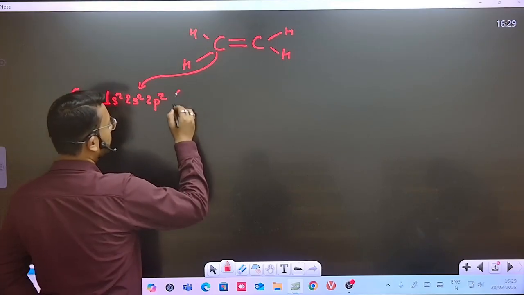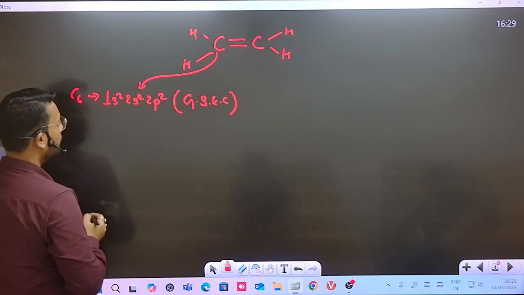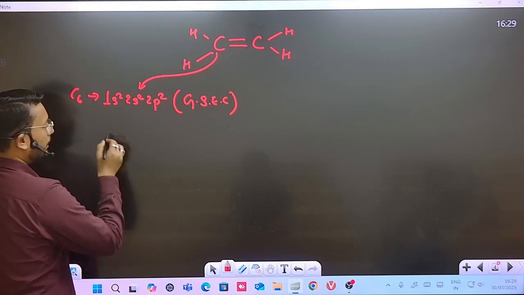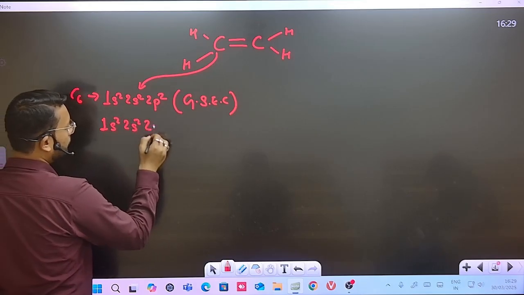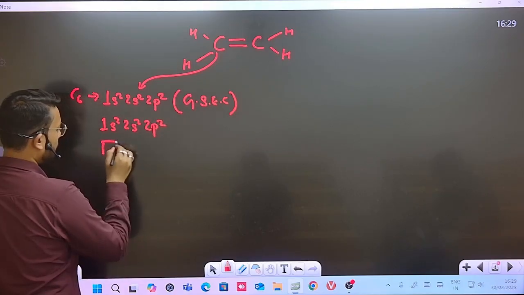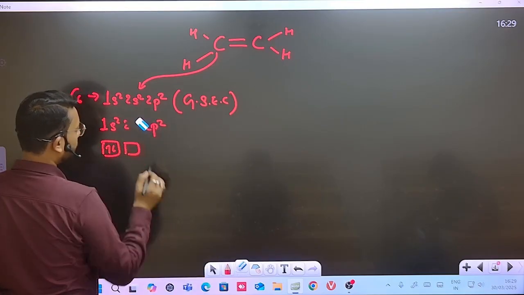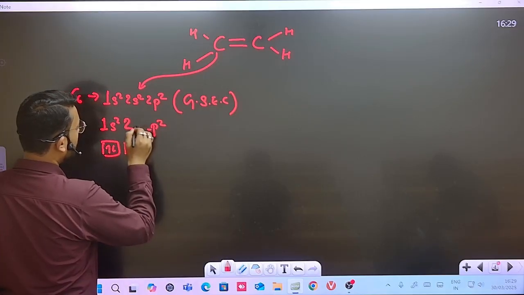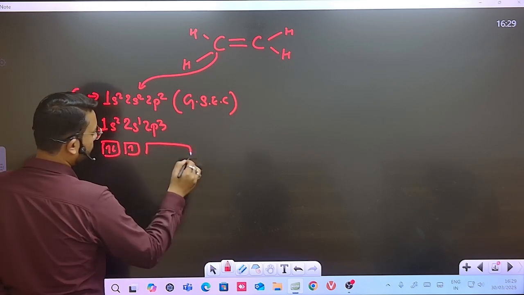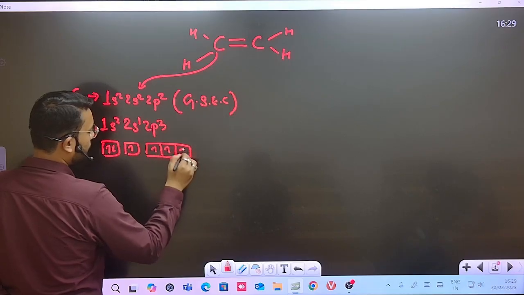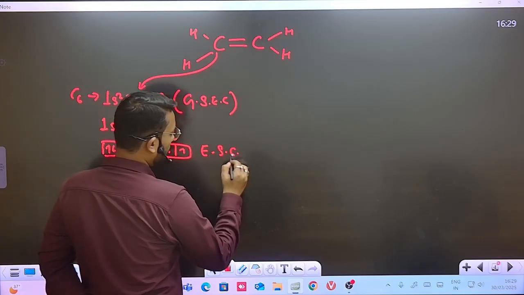This is called ground state electronic configuration, and I am directly writing the excited state electronic configuration. I hope you are clear with this excited state. 1s2, 2s1 and 2p3. This is the excited state electronic configuration.